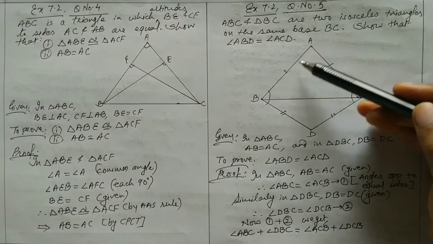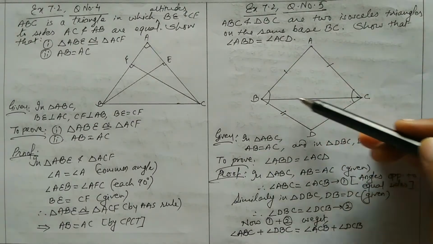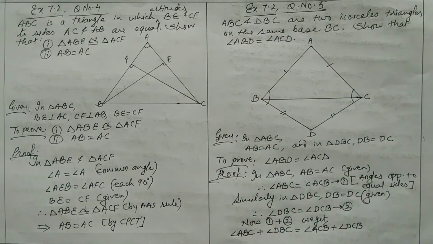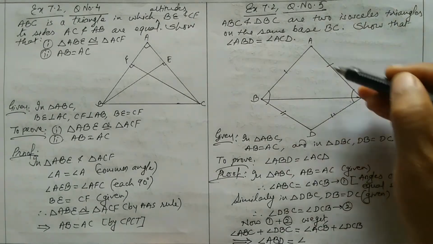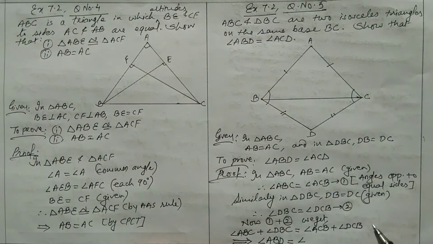ABC plus DBC, you will add, you will get ABD. It implies that angle ABD is equal to ACB plus DCB, which is ACD. Hope you have understood both these questions.